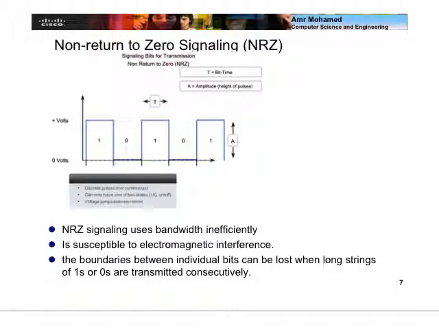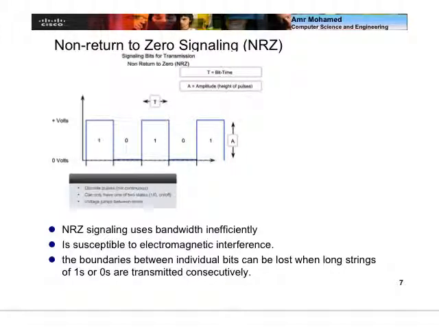It's non-return to zero because it does not have to return to 0 at every single bit. So depending on the value of the bit, if it's continuous ones, like 1, 1, 1, then you don't actually return to 0 at every bit at all. So it's a continuous horizontal line to represent a fixed voltage.